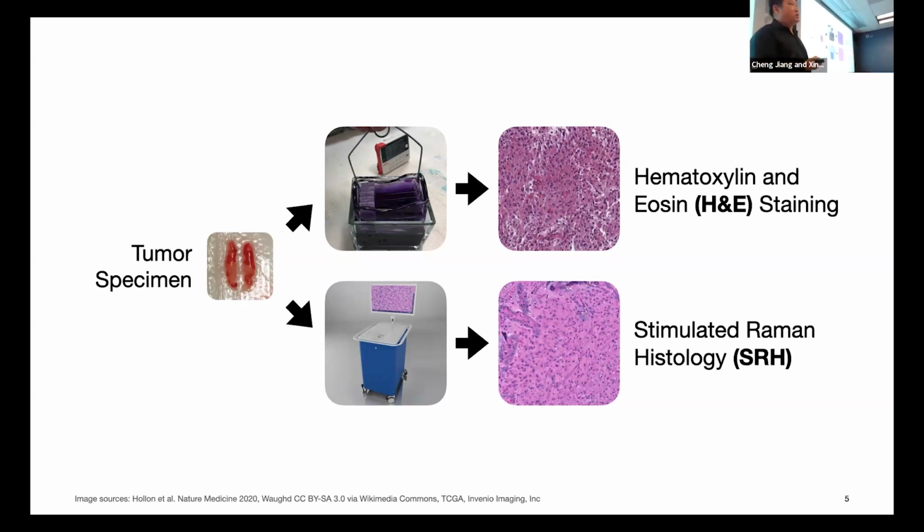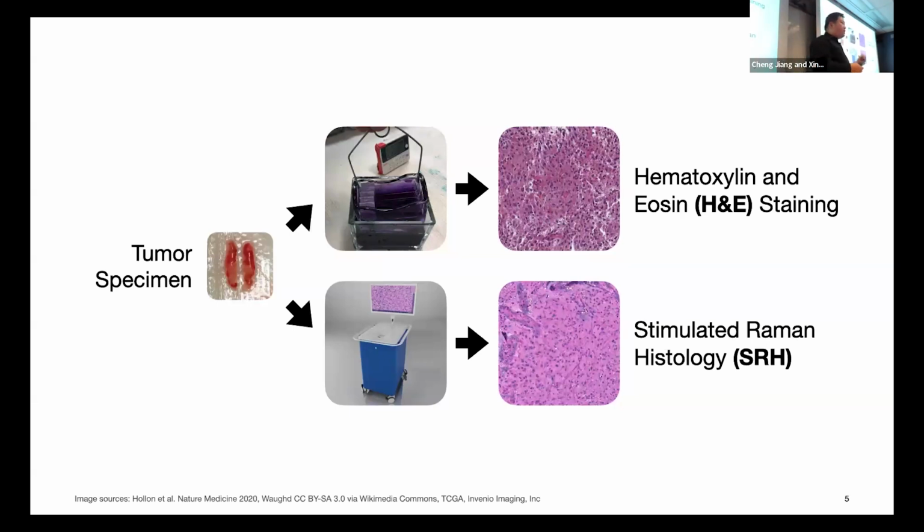If we're talking about magnification of the specimens, SRH is usually done at 20x roughly. H&E can be done at 20x if you need it quickly for diagnosis, and it can be done up to 40x. The vast majority of the data that we process is at a scale of 20x, so in terms of resolution they're pretty similar.